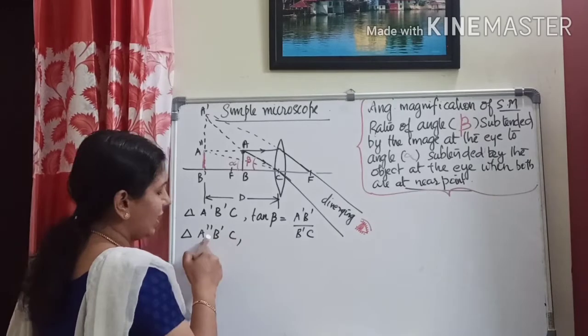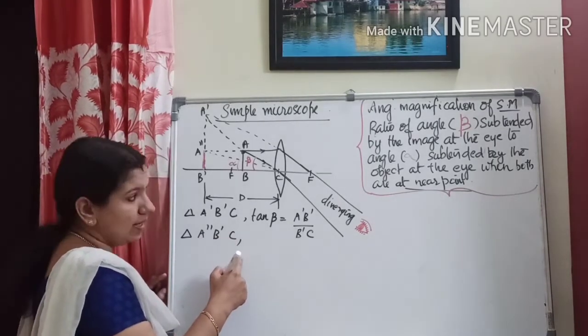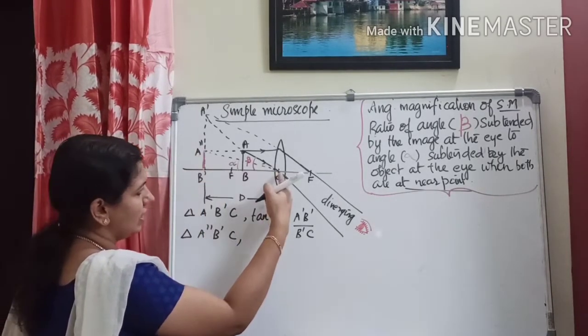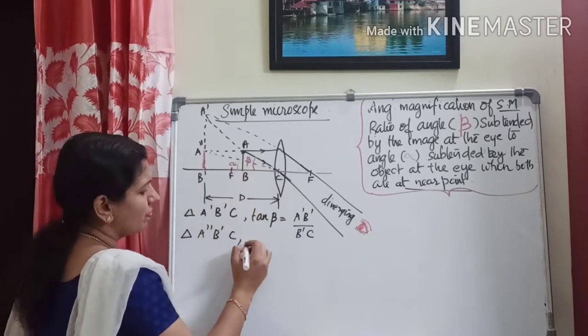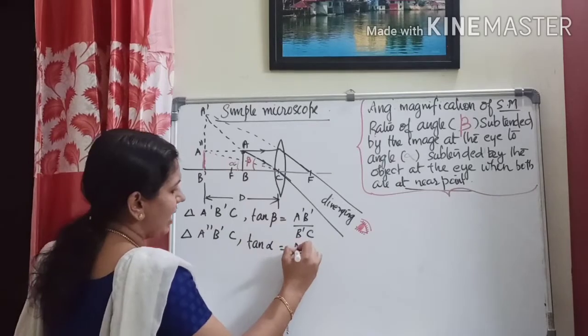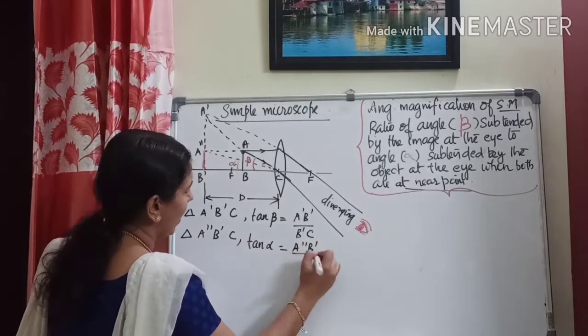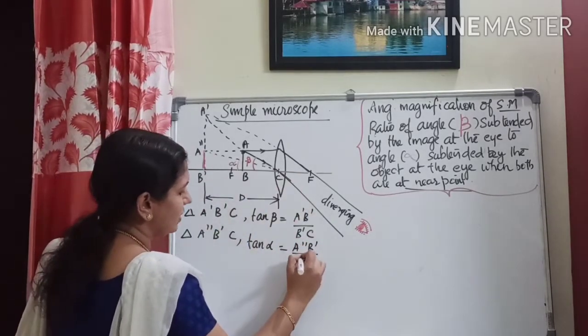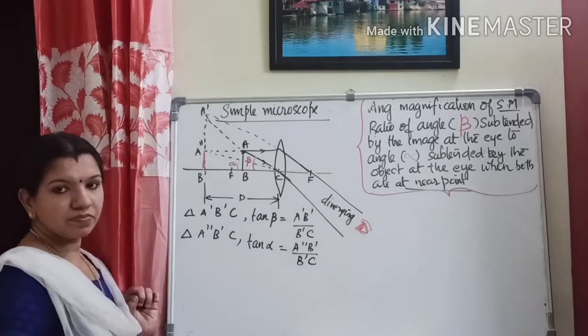Now, in triangle A double dash B dash C, what is the value of tan alpha? Tan alpha is A double dash B dash divided by B dash C.